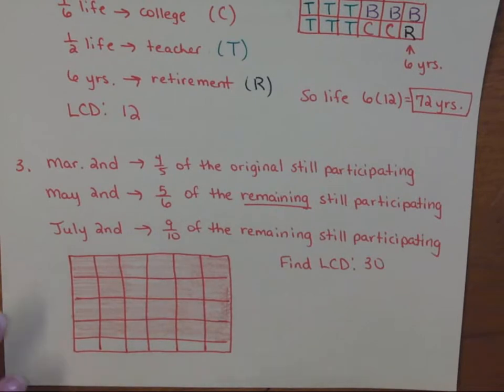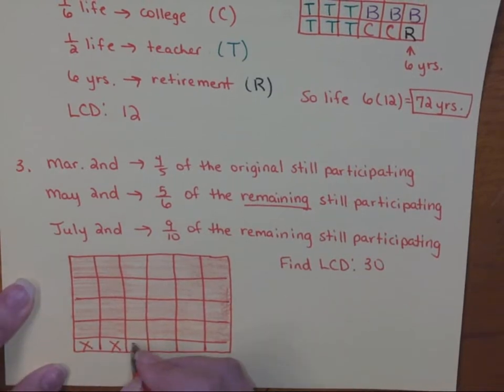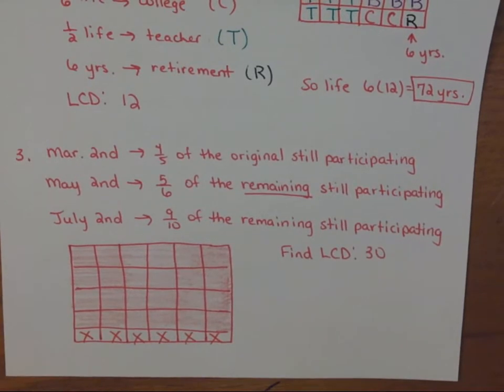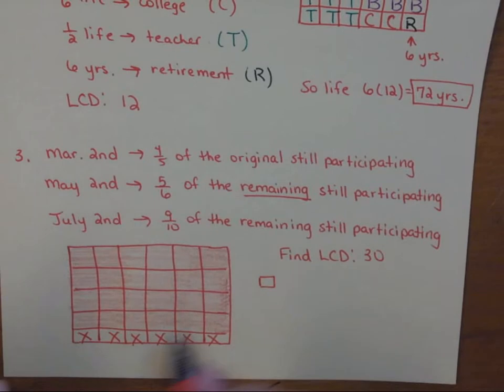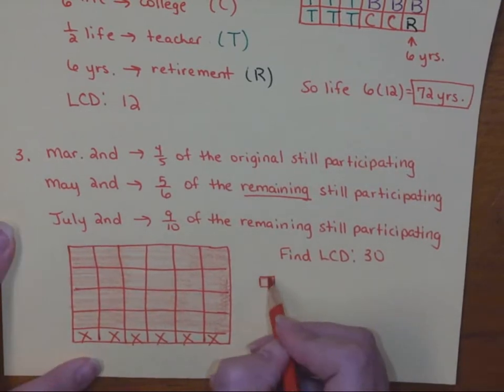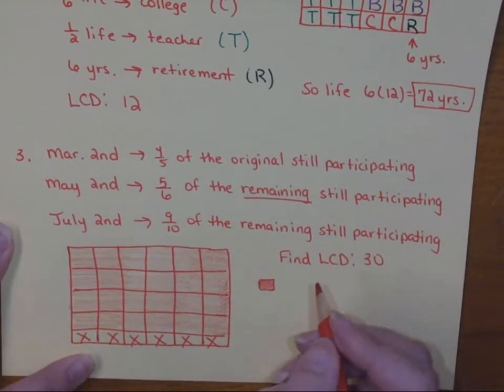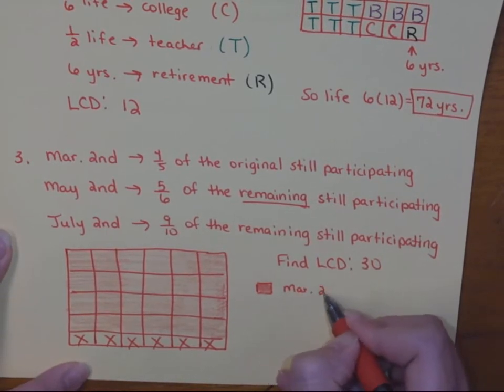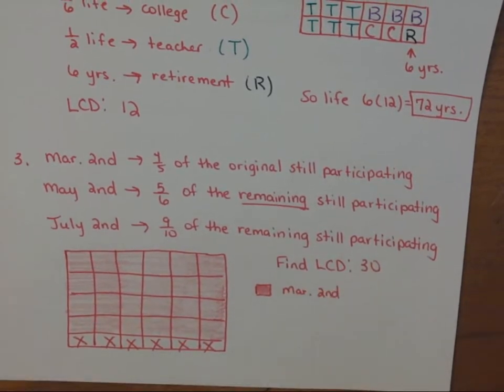Okay, so these people, I'm going to be dramatic about it, they're out. They dropped out of the fitness program. So if we want to explain what we're doing, this color right here represents the March 2nd people, the people that stayed in it up until March 2nd.